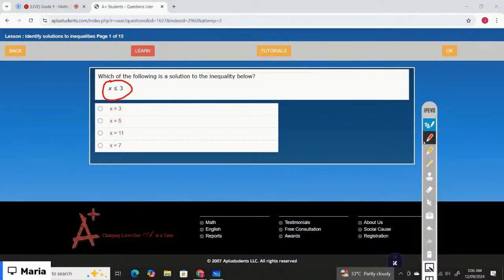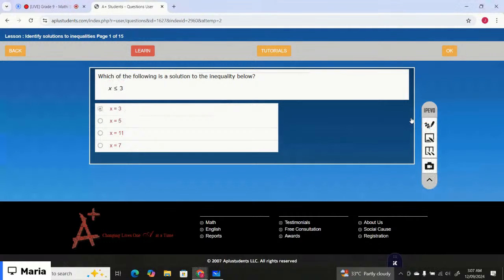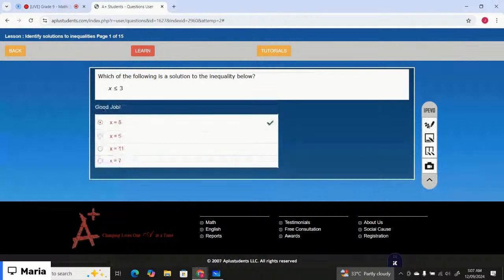The correct option is the only option that is x equals 3, because the rest of the numbers are greater than 3. That is the only option that is not less than but equal to 3. So option number 1 is the correct option. X equals 3 is the correct option.